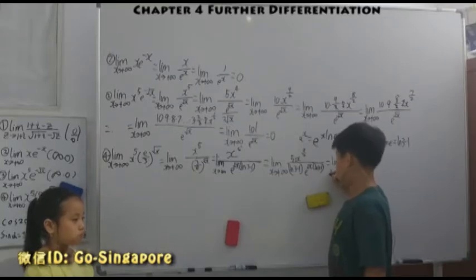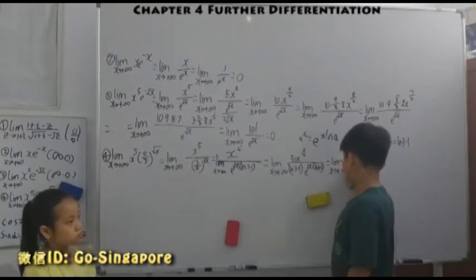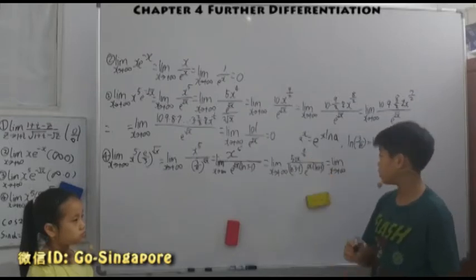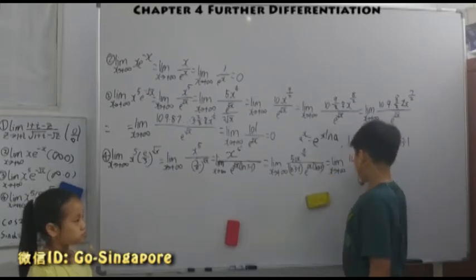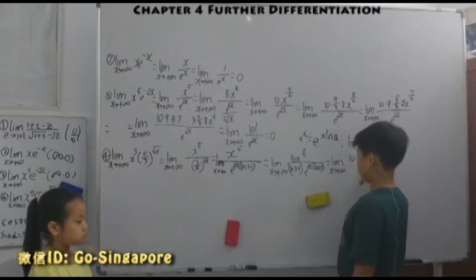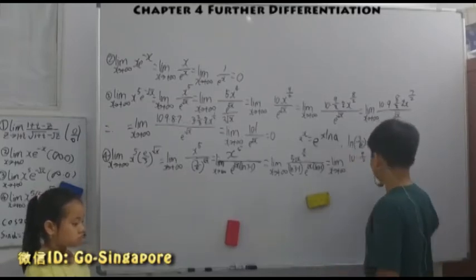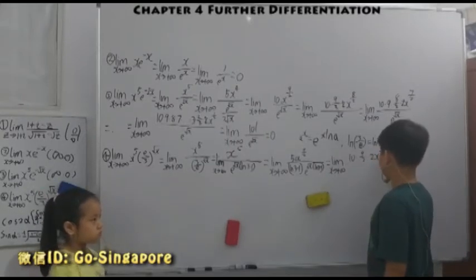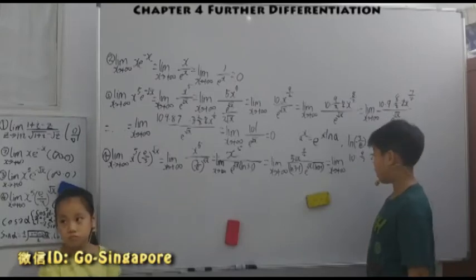So for this, there is another limit x approaches positive infinity. This time we'll bring this down. So 10 times 9 over 2 times another 2 goes up, 2x to the power of 8 over 2, right?